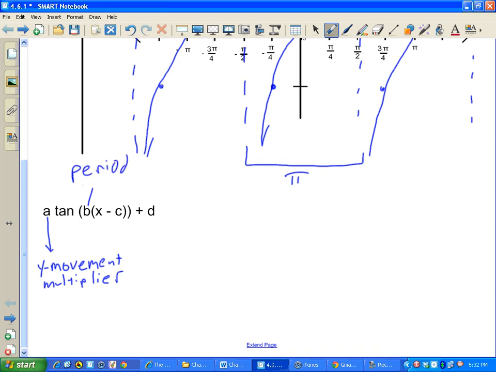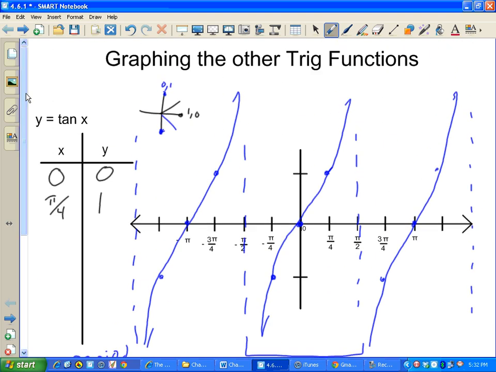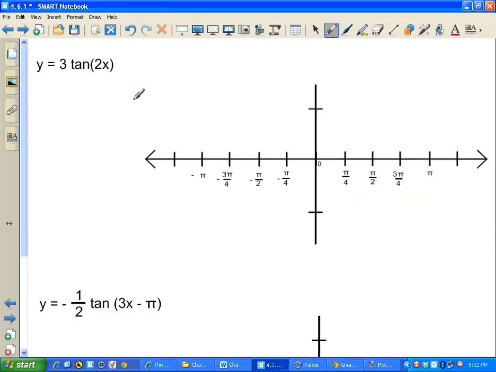So it's our period divider. C and D still shift our starting point. Okay, so let's look at an example of one that's been shifted.